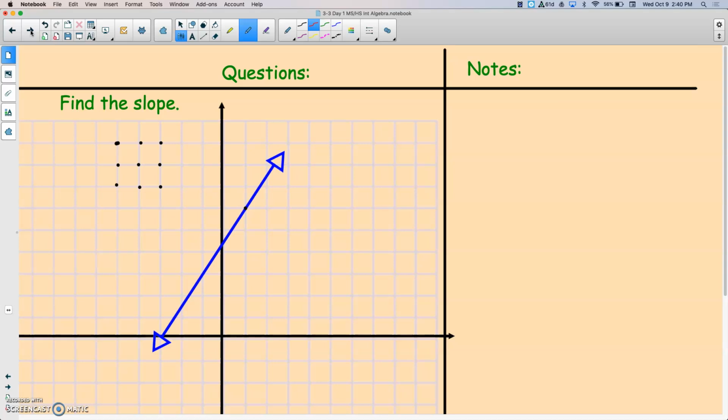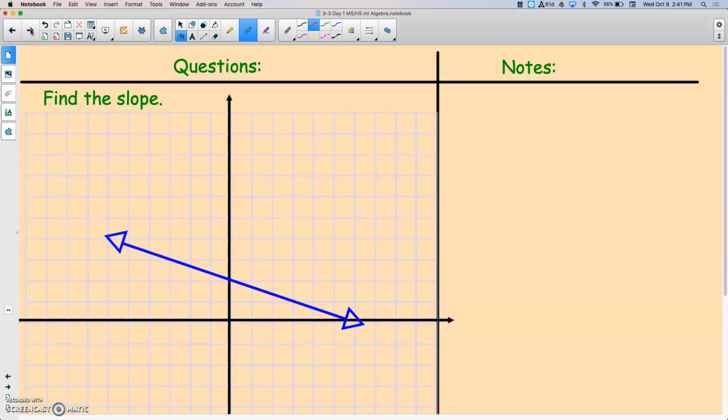So this looks like a good point for me, and so does this one. Now I can do my rise over run, reading the slope from left to right. From the left, I'm going to go up 1, 2, 3, and over 1, 2. So rise 3, run 2. So this slope is positive 3 over 2.